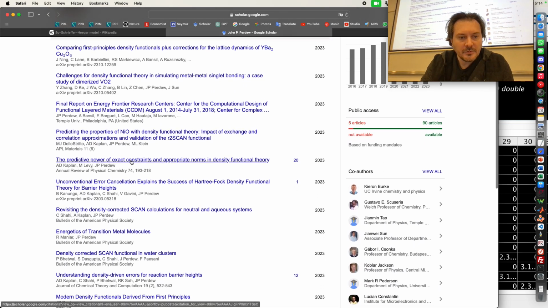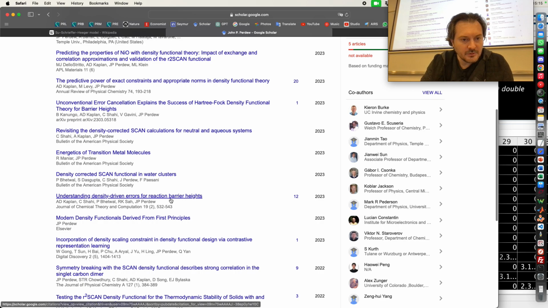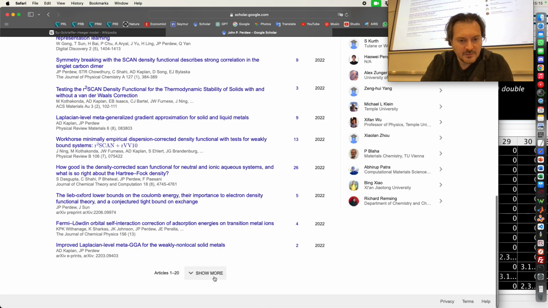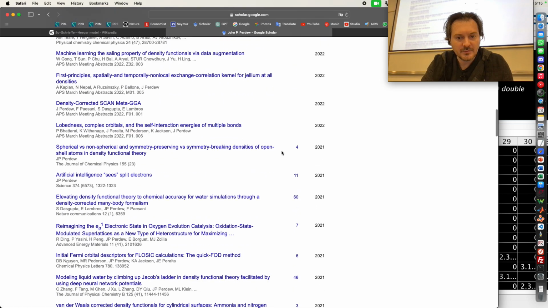The predictive power of exact constraints and appropriate norms in density functional theory. Understanding density-driven errors for reaction barrier heights. DFT exchange, a sharing perspective on the workhorse of quantum chemistry and material science.